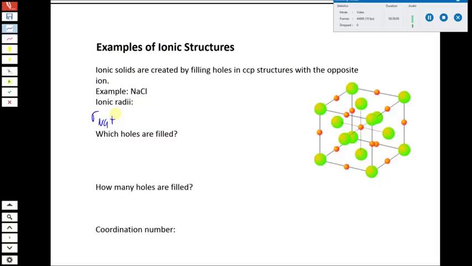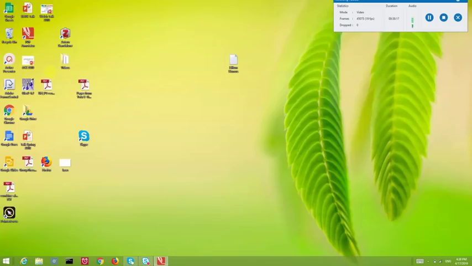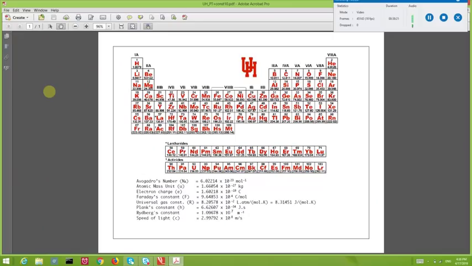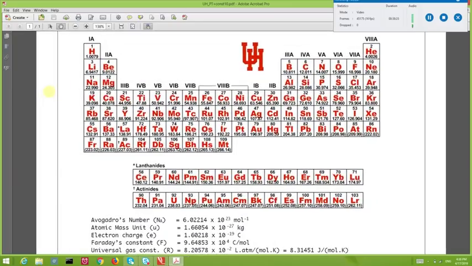We should know that sodium is much smaller than chloride. Let's review that quickly so I'm not just saying it. We can predict that sodium is smaller than chloride because sodium has the electronic structure of neon, so it has 10 electrons total. Chloride has the electronic configuration of argon, so we would predict that chloride is larger than sodium, on the basis of periodic trends that we learned a long time ago.